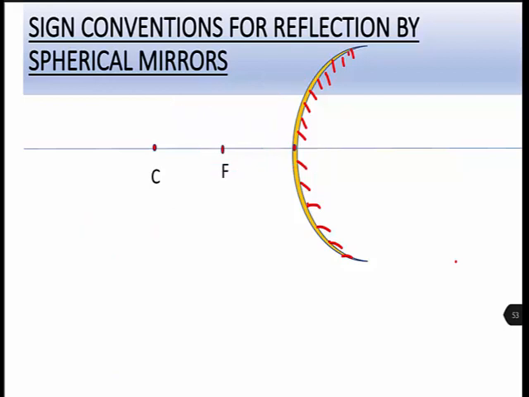Now, let me give you one more exercise. Let's say this is the object and this is the image. So, let's say my object height is 3 centimeter and the height of the image is also 3 centimeter. Now, what is going to be my object distance? It will be negative.